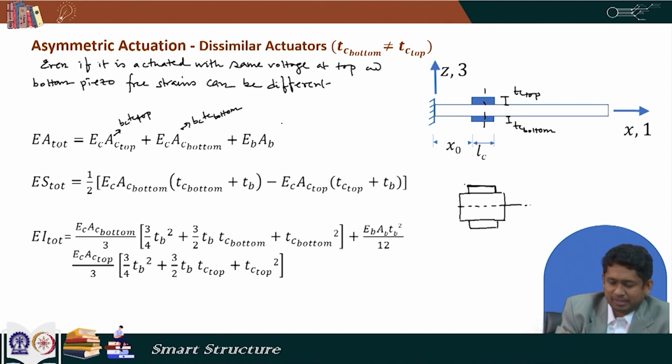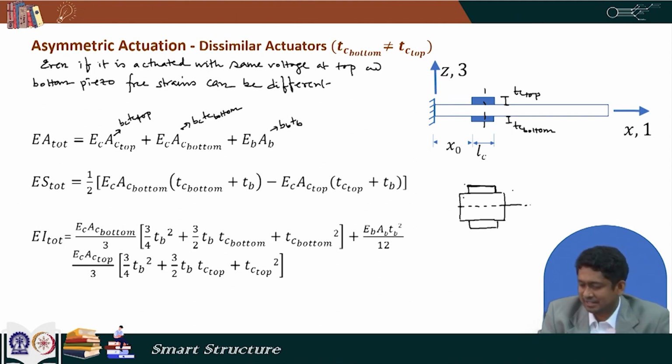and then we have AB, the area of this beam section, which is BB into TB, and now we find out ES total. Now, as this section is not symmetric with respect to this z equal to 0 line, ES total is not going to be 0, this is going to be non-zero.